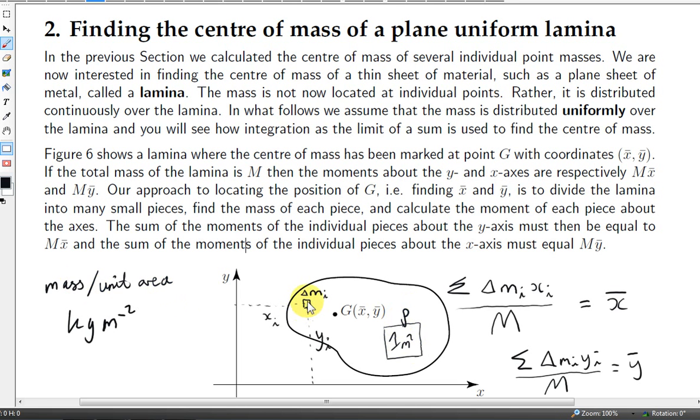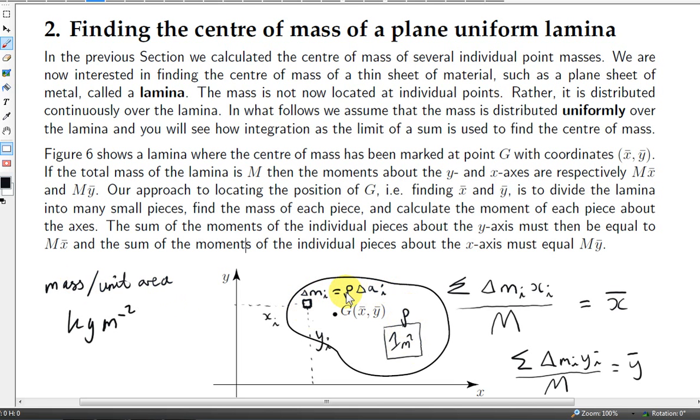So for example, if we know the area of each little mass element, if we know what the area of this is, we can multiply the area by the mass per unit area to get the mass of this element. So we would multiply the mass per unit area by the area of this element, which we can say is delta Ai, A for area.